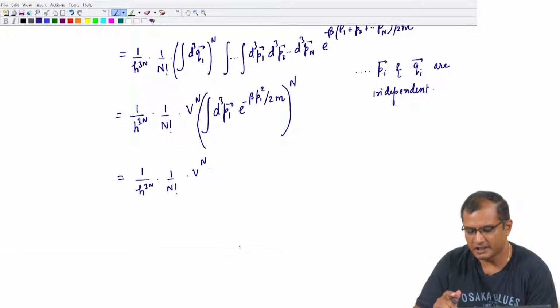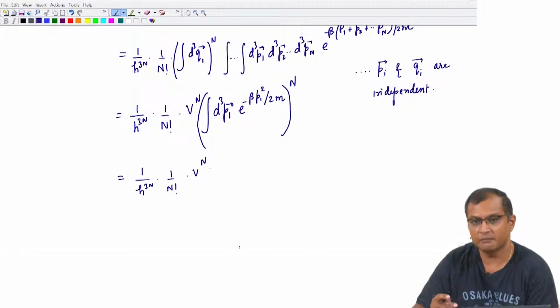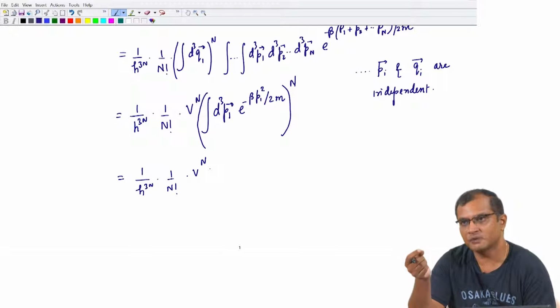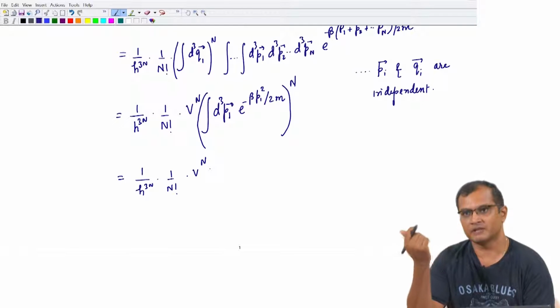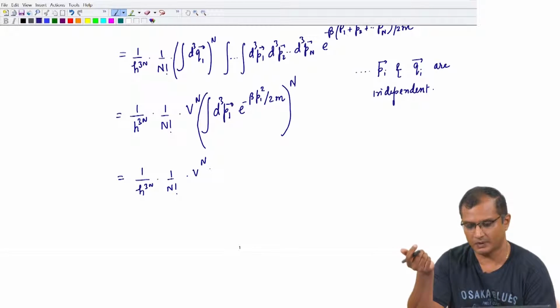Now, the momentum integral that I have written: if you look at p 1 square, it is the sum of squares of the components of momentum of the first particle. Okay.